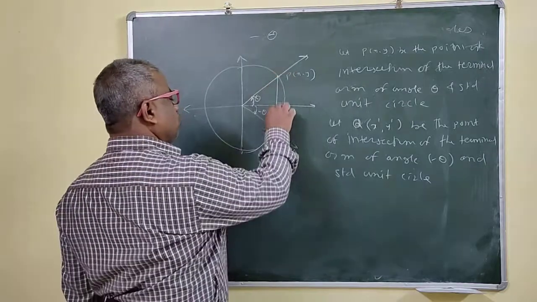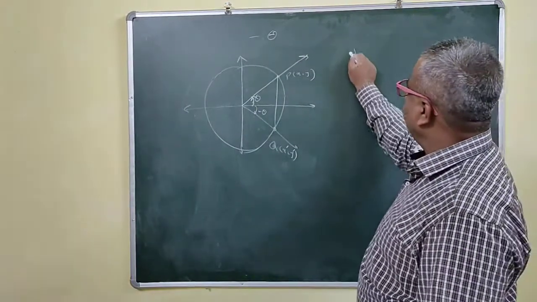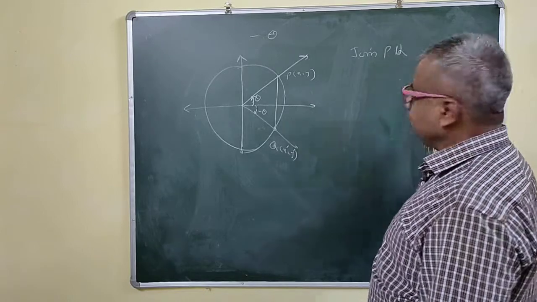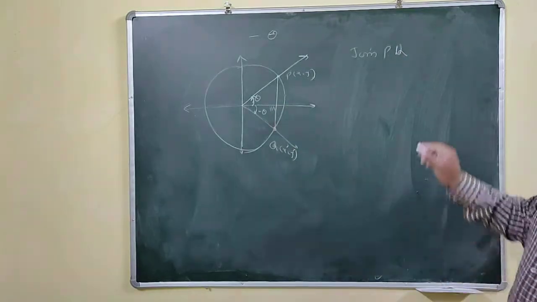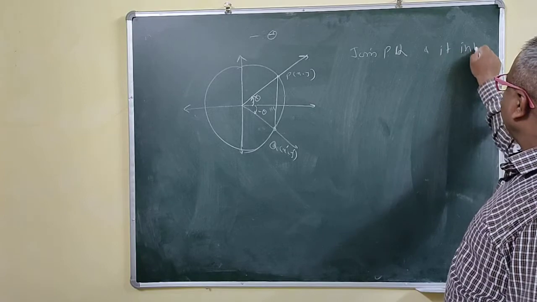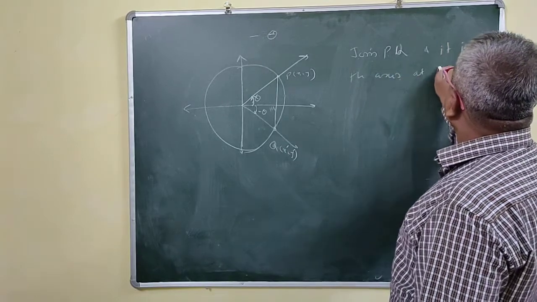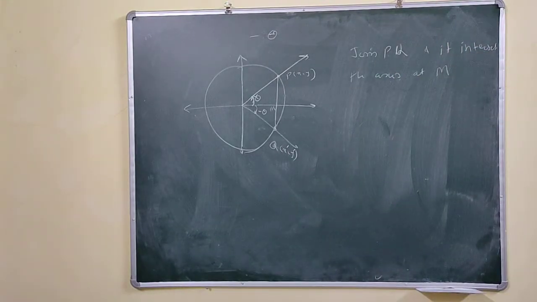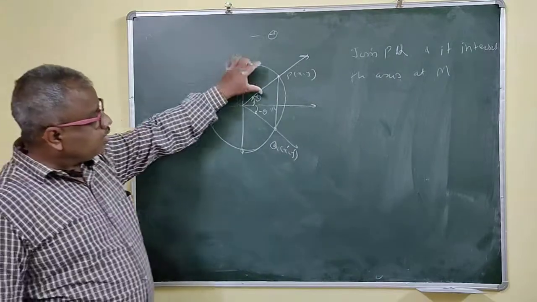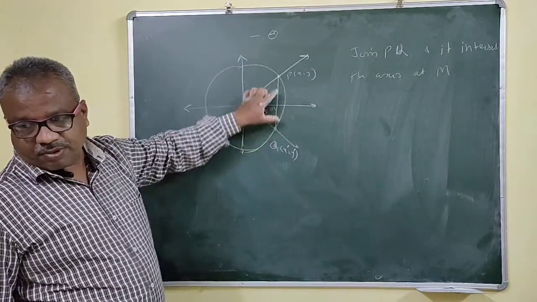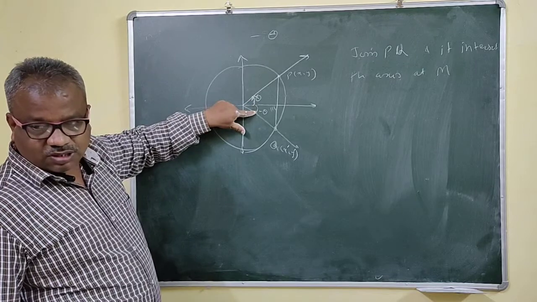Now we join PQ. It intersects the x-axis at point M. Then PM is the same as QM, because this is a circle and these are radii.